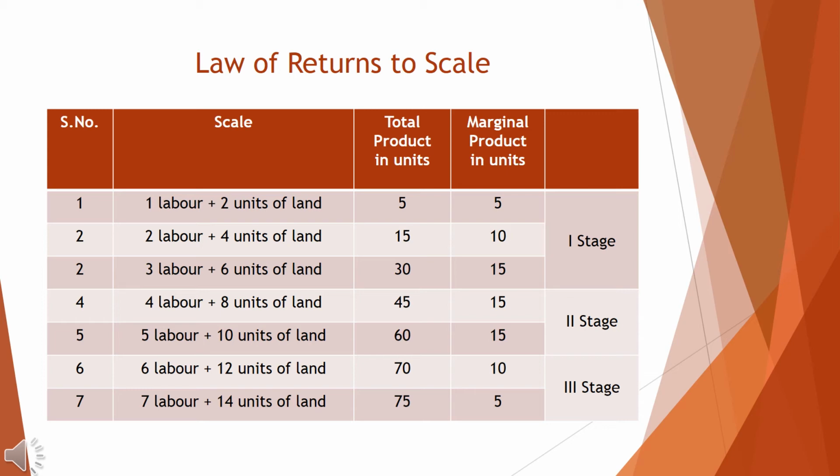Therefore, stage 2 is constant returns to scale. In stage 3, the total product increases less than proportionately. The marginal product is diminishing, that is, marginal products are 10 and 5. This shows diminishing returns to scale.